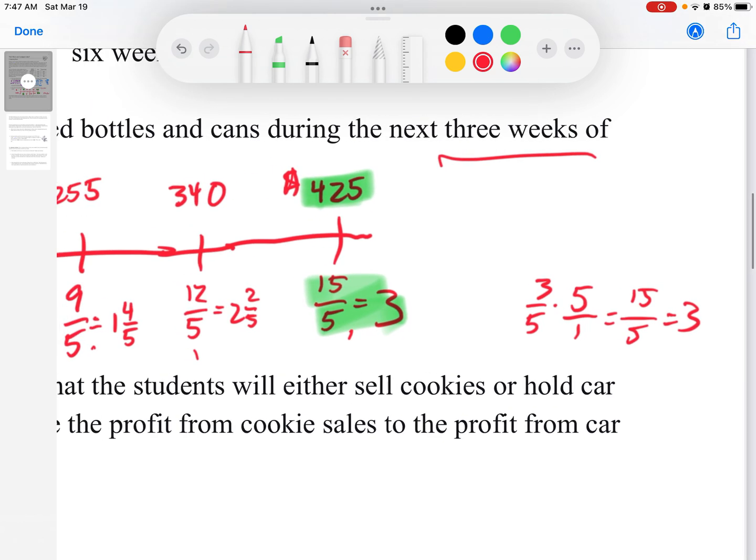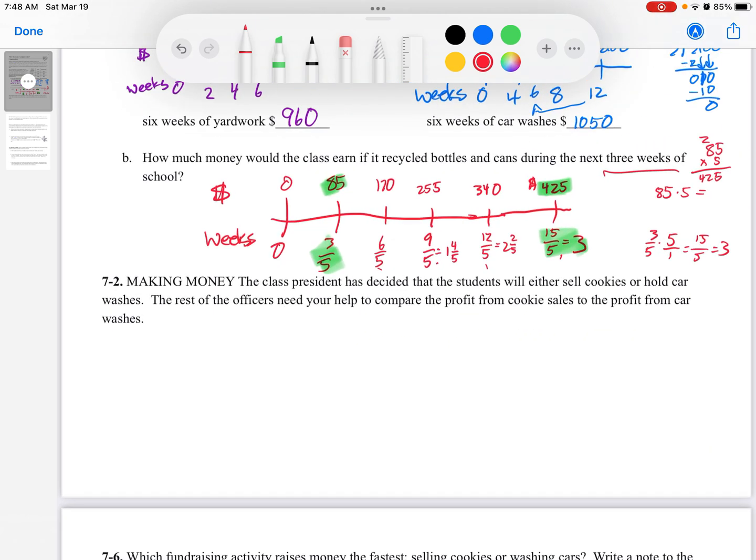So I will do the same thing. I'll do 85 times 5, and what will that become, right? All right, so 85 times 5, hopefully that's that 425 that we just talked about. Yes, it is. Perfect. So we did our math correctly.